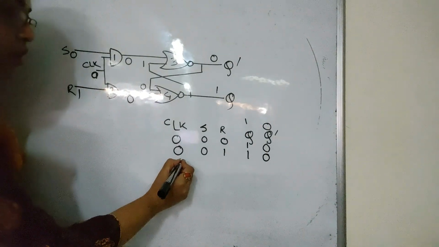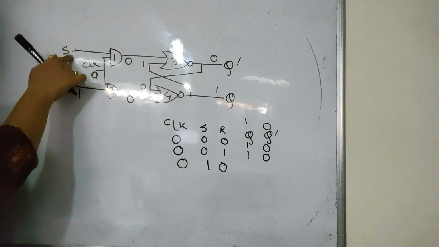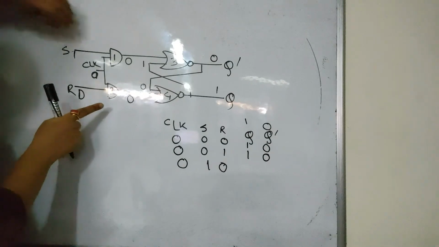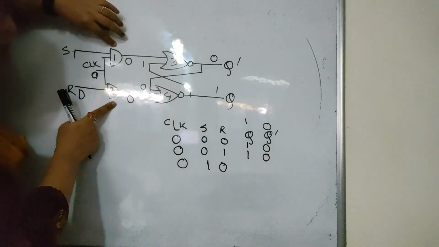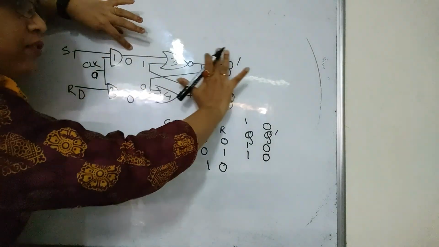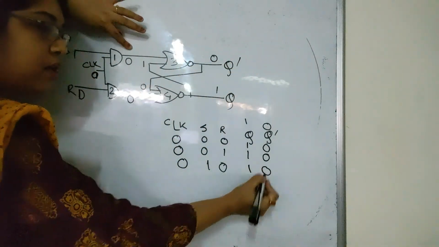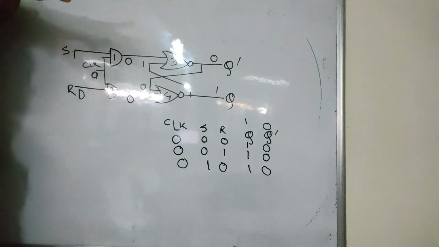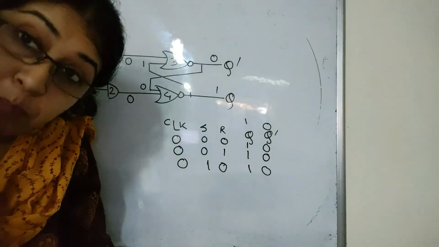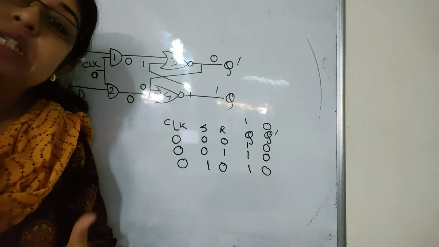We are giving S as 1, R as 0. Even if we give S as 1, R as 0, as we can see, AND gate number 1 and 2 are giving an output of 0, 0 and the working remains the same. So again we get back 1, 0. Therefore, we can understand that the output of the flip-flop is not changing.